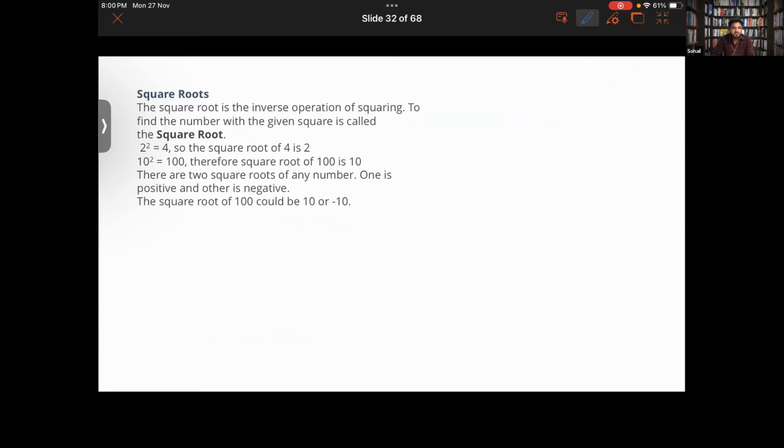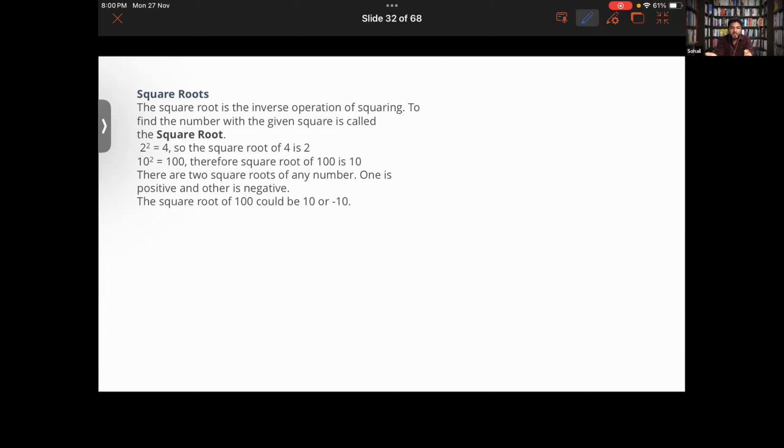So in this part, when you find the number whose square is known, finding the number whose square is known is finding the square root. वैसे numbers जिसके square हमें पता है, उसके हम number को find करते हैं. So thereby it's a square root.